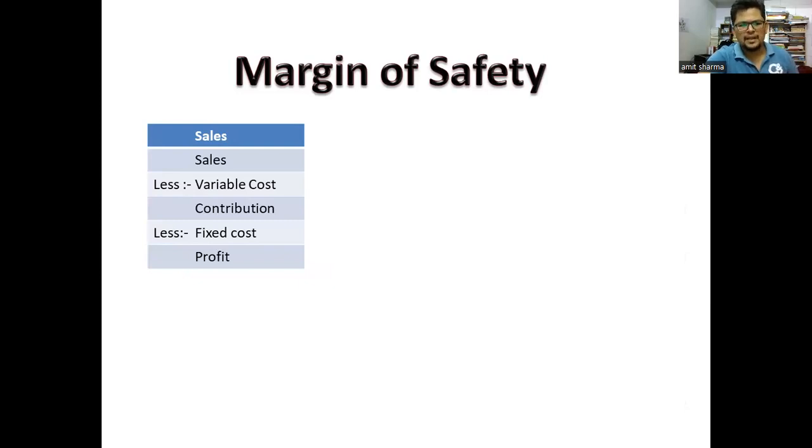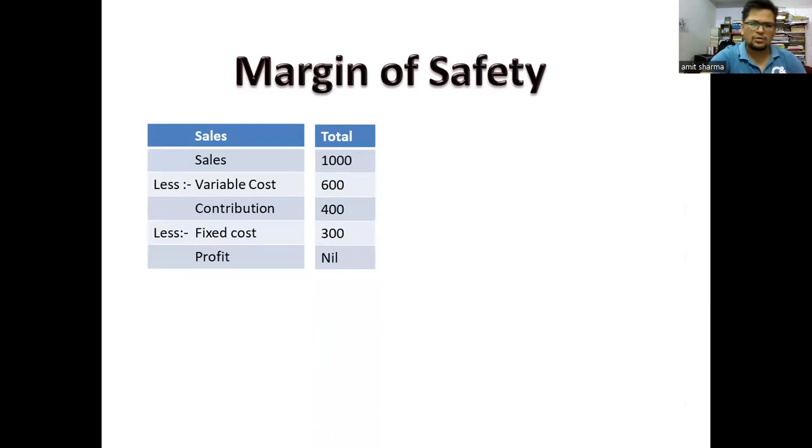So here is the formula. The statement is always there. So SVCFT: total previous level sale was 1,600, variable cost, contribution was 400, and fixed cost was 300 as per the previous question.